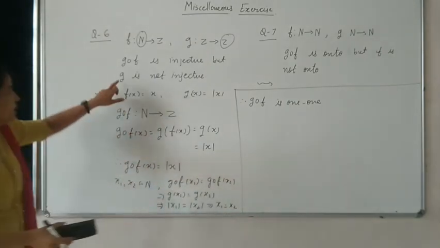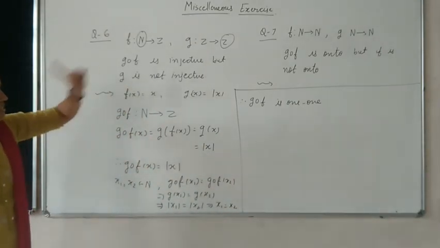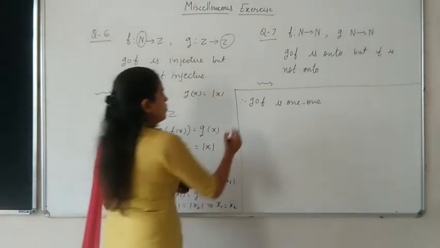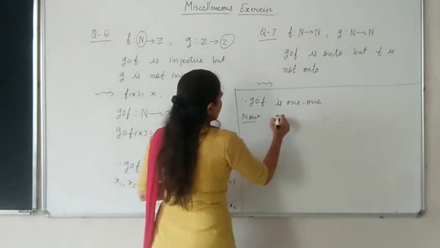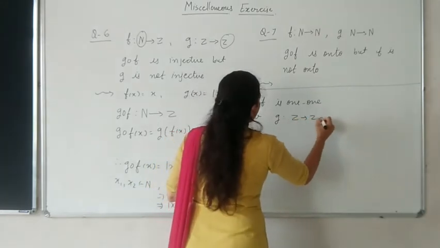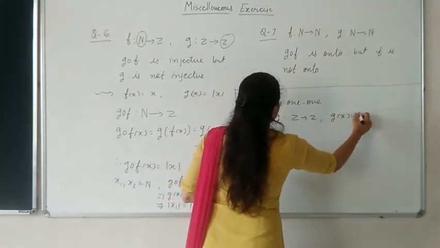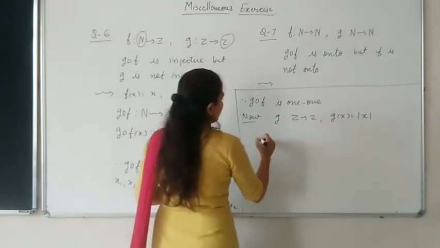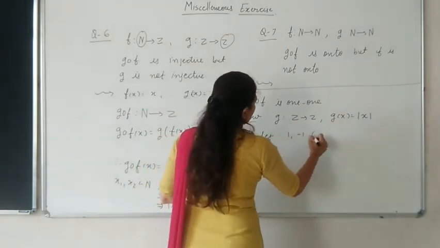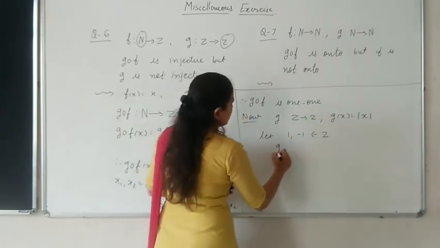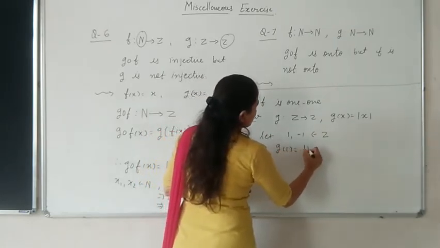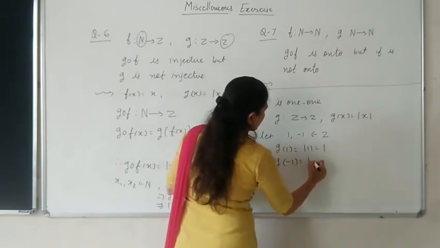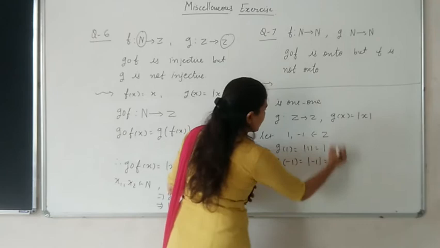Now we have to show that g is not injective, that means g is not 1-1. So obviously, students, what is your g? g is a function from Z to Z defined as g of x equals modulus of x. So you can take two values from here. Now g of 1 equals modulus of 1, which equals 1. g of minus 1 is modulus of minus 1, which is 1.